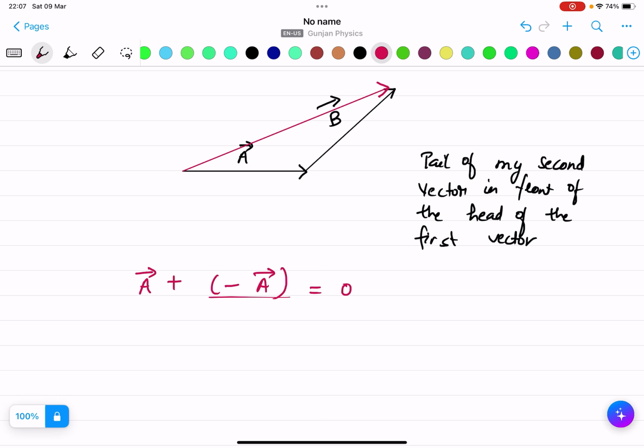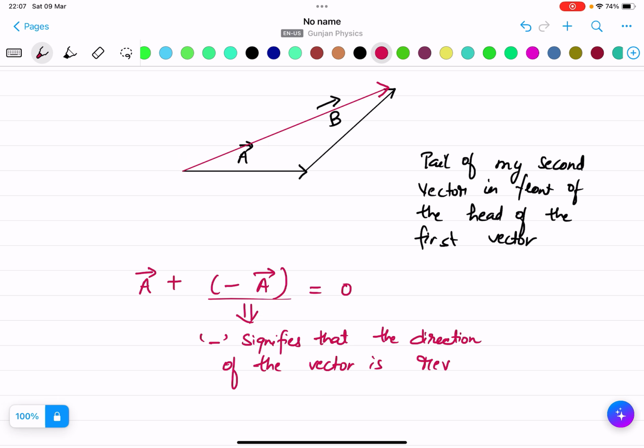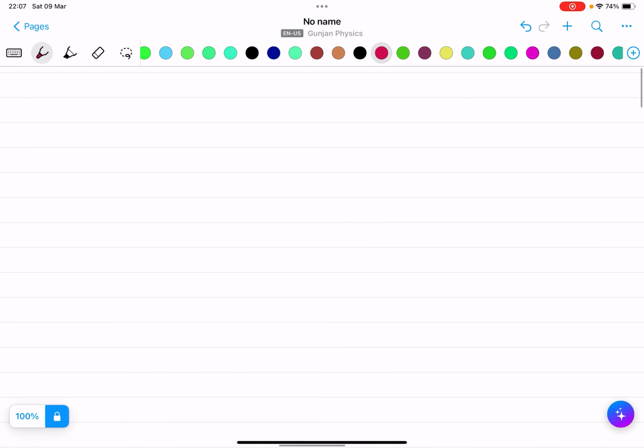What does this minus sign signify? Minus signifies that the direction of the vector is reversed.